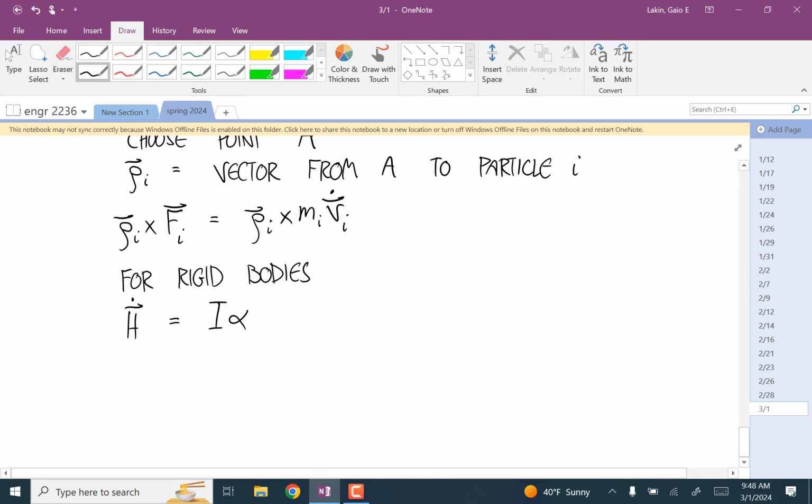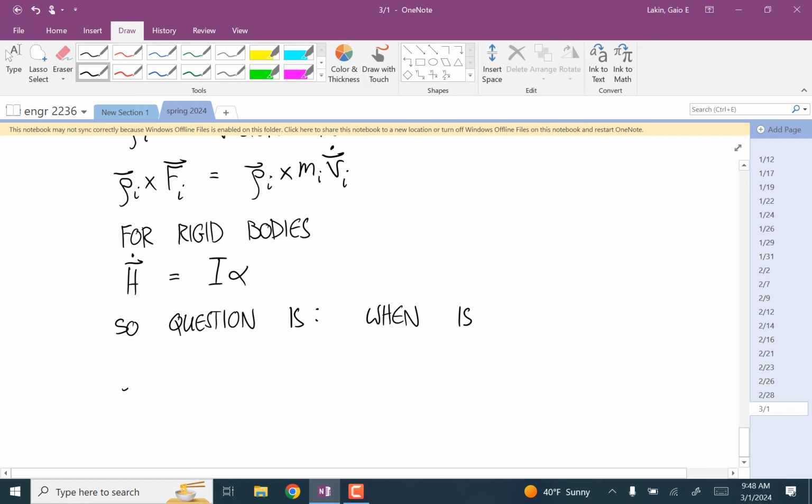So the question is, when is this thing, rho i cross mi vi dot, equal to the angular momentum time derivative?